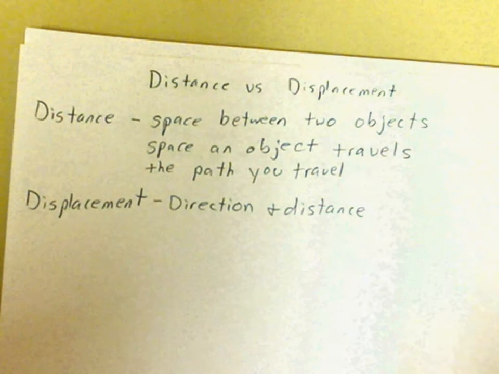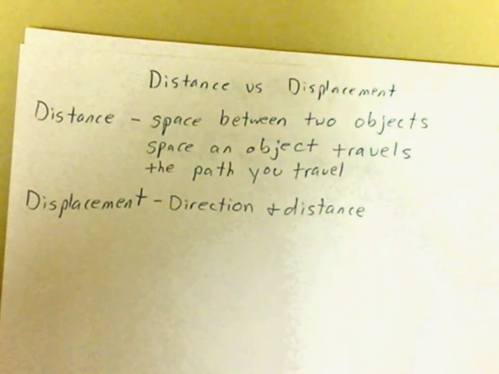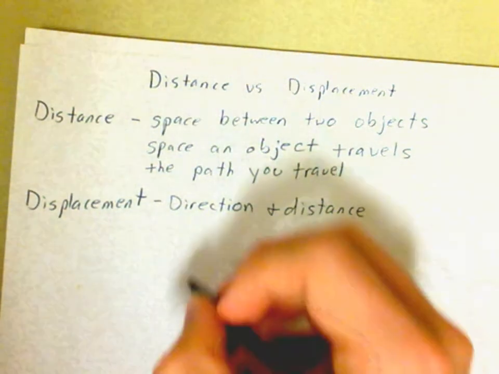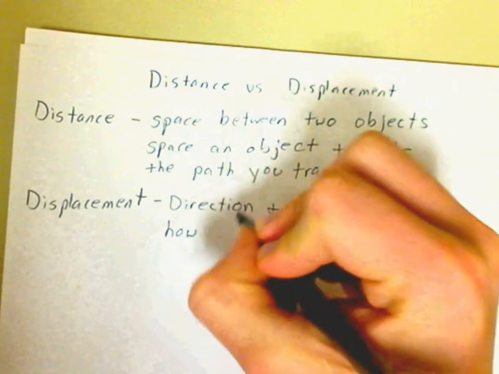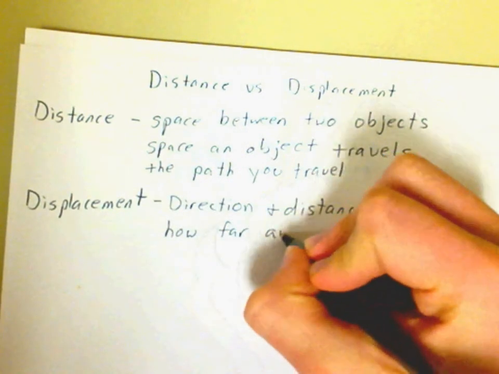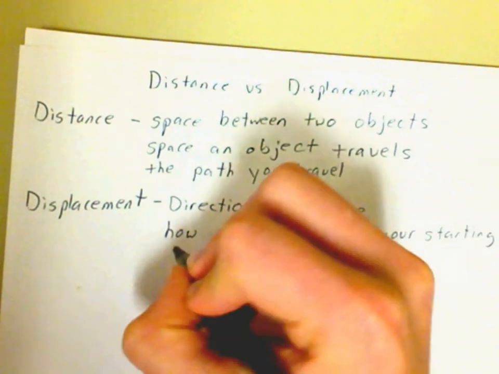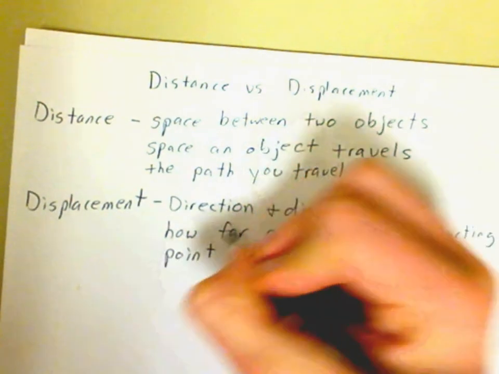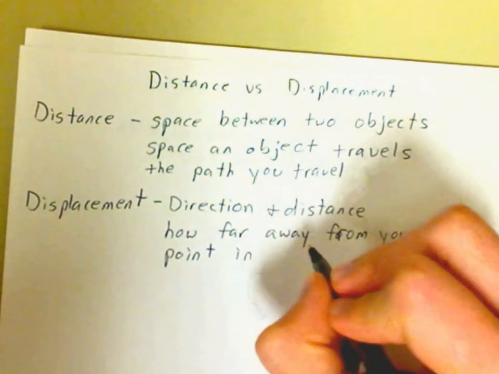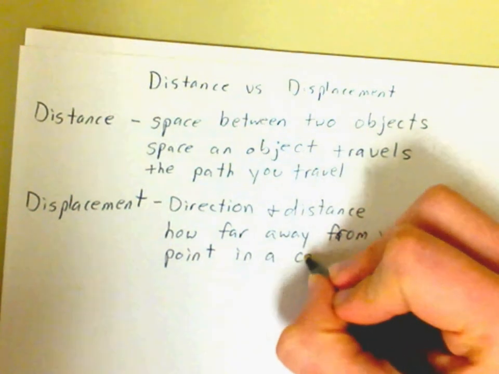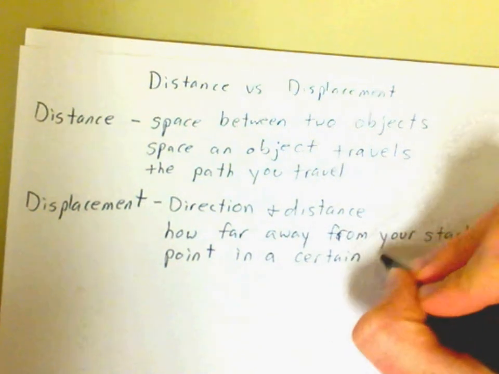You have a starting point, and then your displacement is how far away from your starting point you are, in a certain direction, because you always need a direction with your displacement.